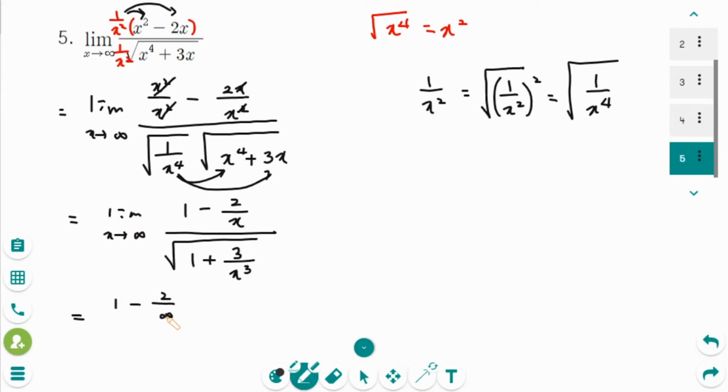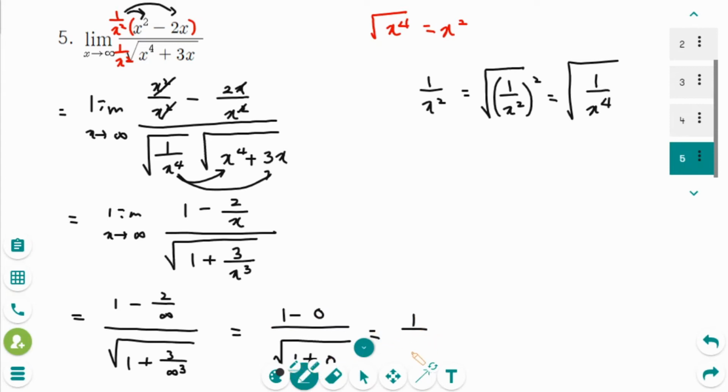So 1 minus 2 over infinity, square root of 1 plus 3 over infinity cubed. So this one is 1 minus 0 over square root of 1 plus 0. So 1 over square root of 1, which is 1. So the final answer is 1.